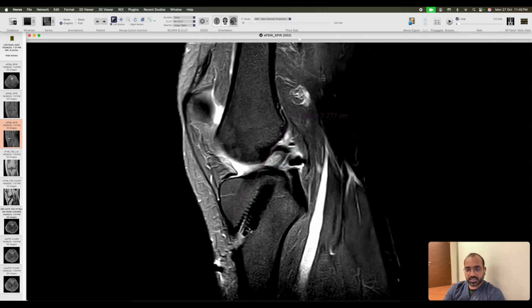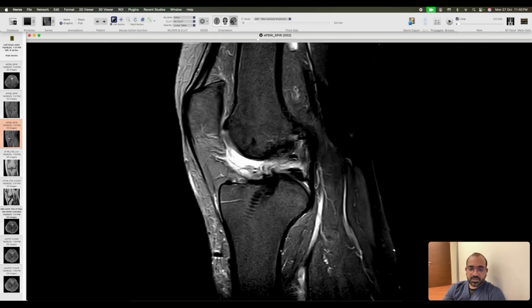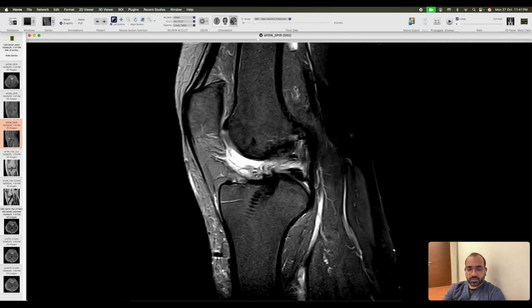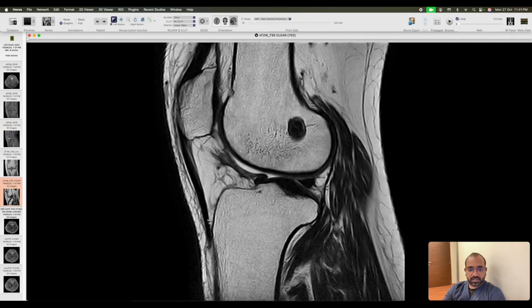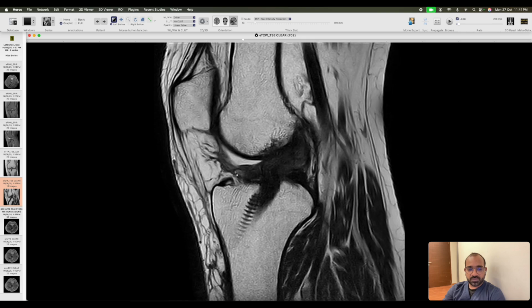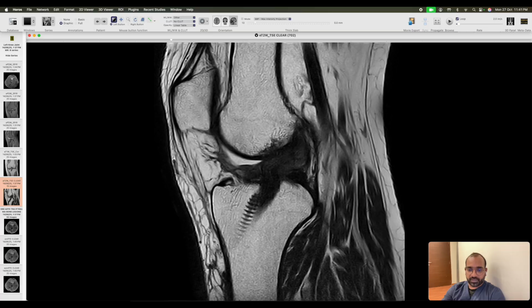arthrofibrosis. It is not a focal lesion. If you are seeing only this T2 hypointense signal just anterior to the ACL graft in the tibial tunnel, then it is a cyclops lesion. But here, we are not only seeing that hypointense signal, but it is extending and causing extensive scarring of the anterior interval.